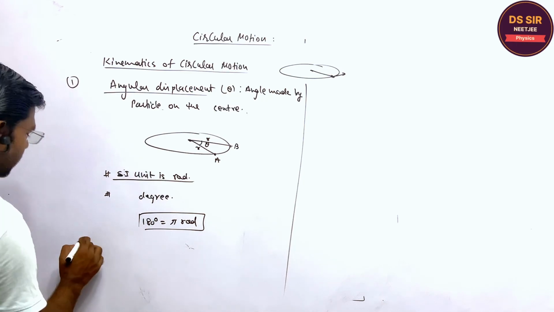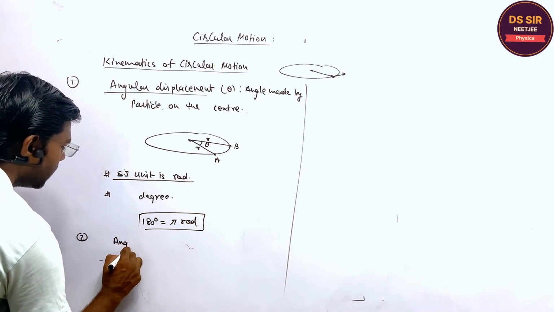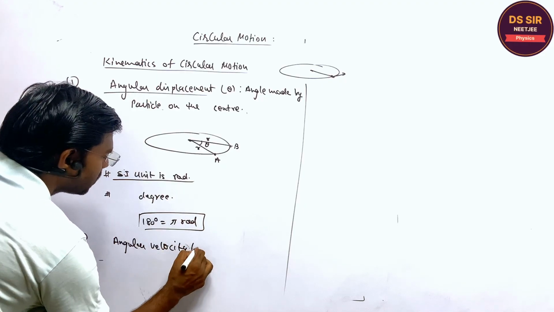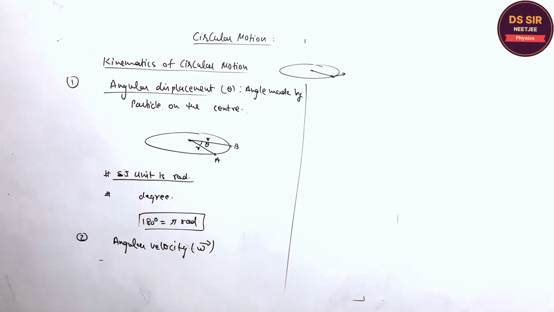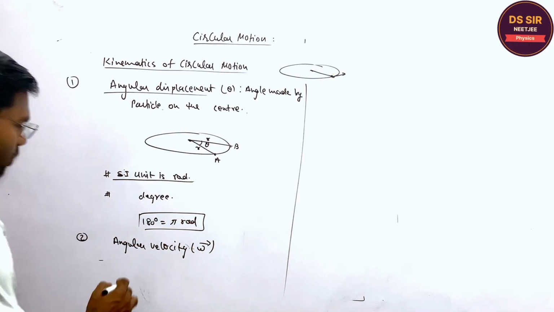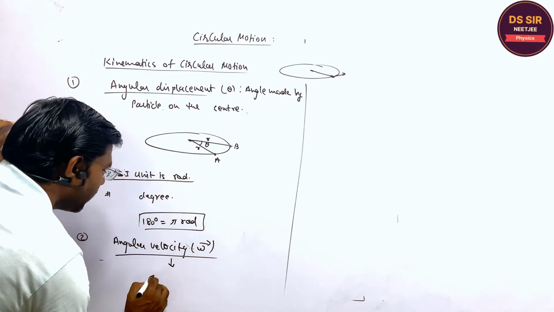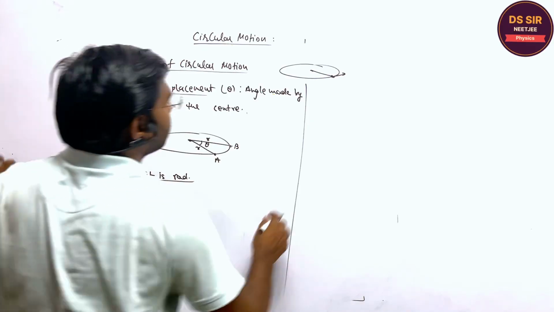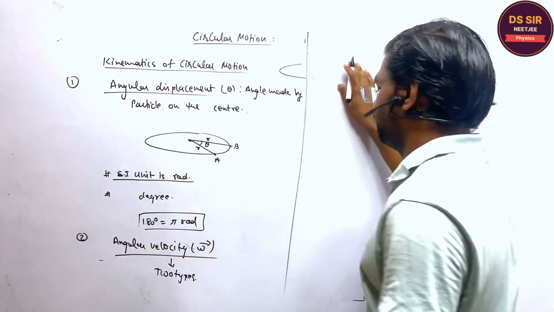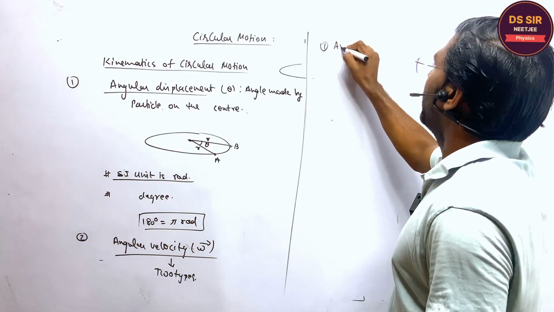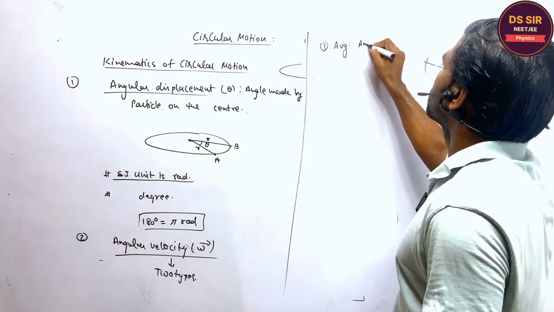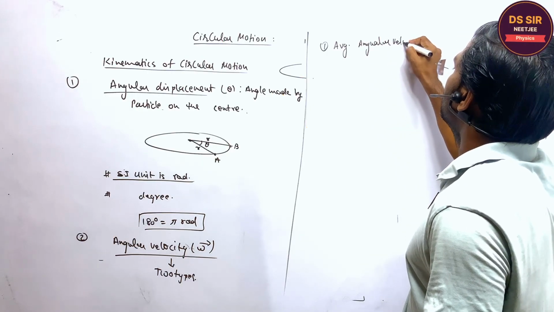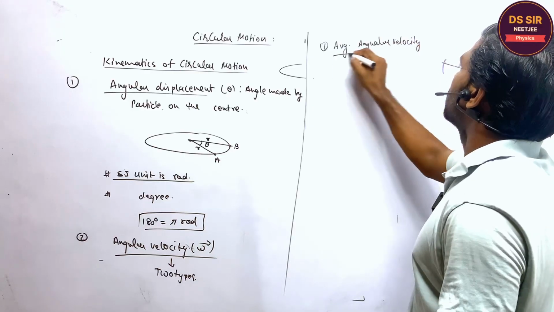Okay. Second thing is angular velocity, omega. It is a vector quantity, right? Two types of angular velocity we can define. First is the average angular velocity. What is the average angular velocity?